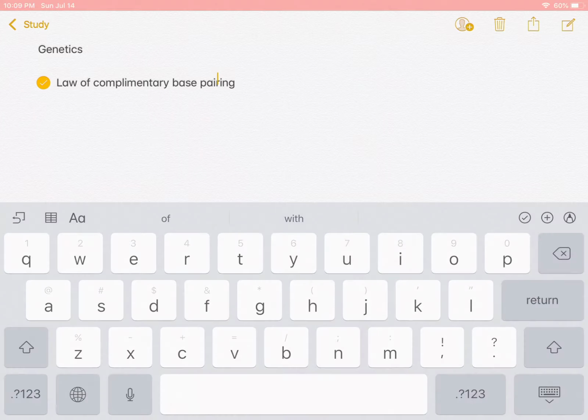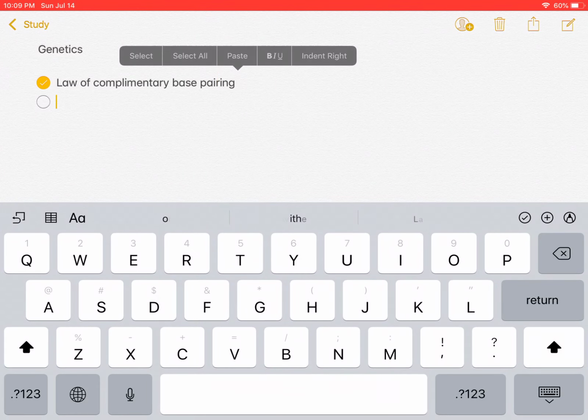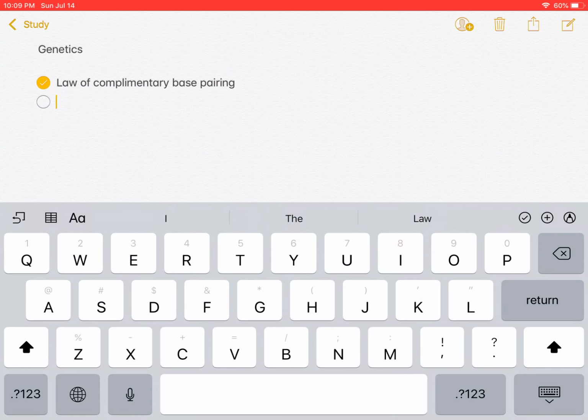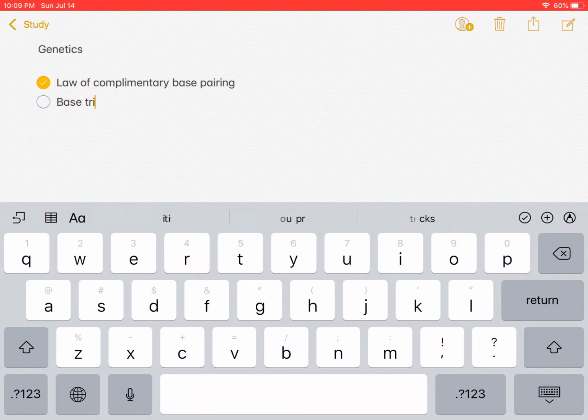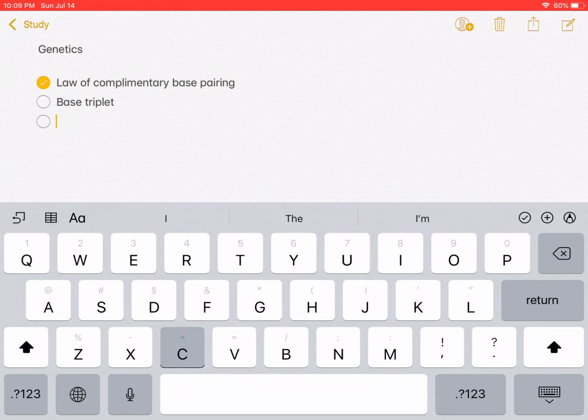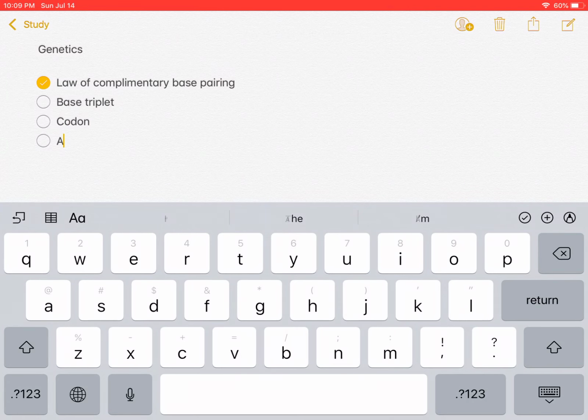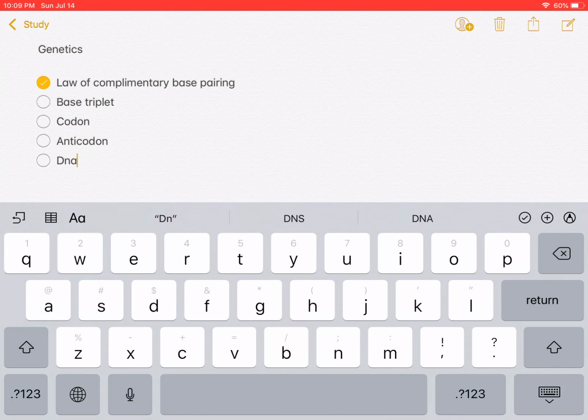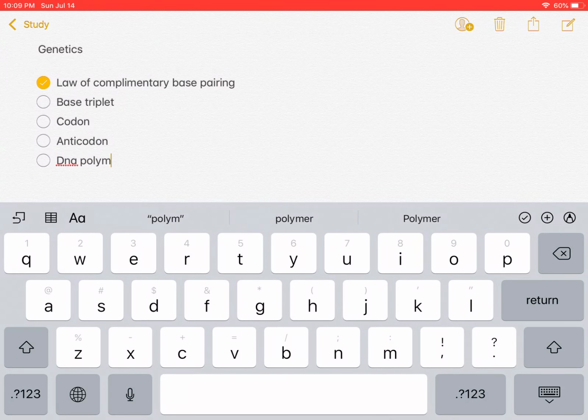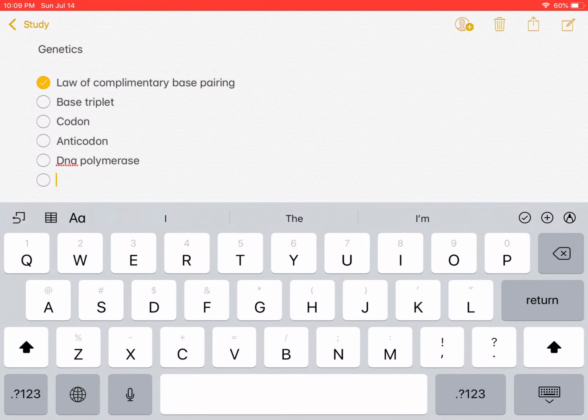So right now, for your flashcards, we have your law of complementary base pairing. You need to know what a base triplet is, what a codon is, and an anticodon. It'll be good to know what DNA polymerase is, which corrects mistakes during the transcription process.